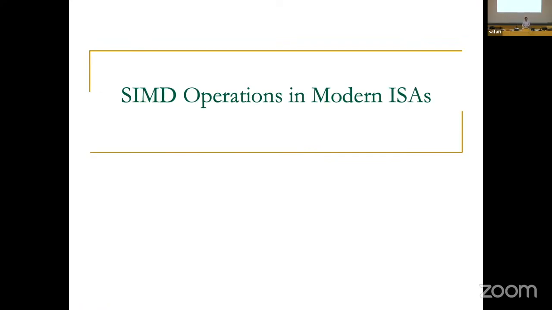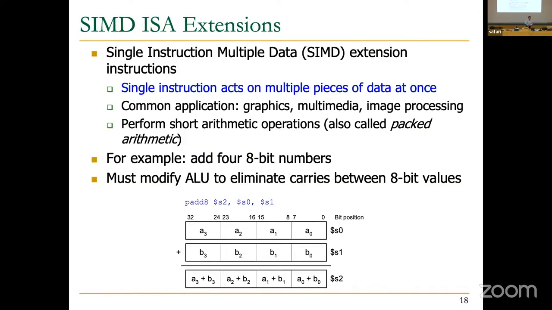Now we're going to jump into how last lecture applies to modern processors in your pockets again. Basically, modern processors, von Neumann machines, have single instruction, multiple data extension instructions. Essentially, these are special instructions where the instruction acts on multiple pieces of data at once, as opposed to acting on two registers, register 1, register 2, one piece of data each.